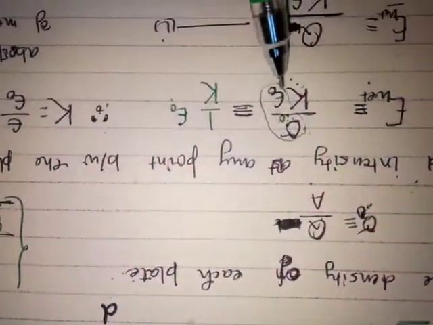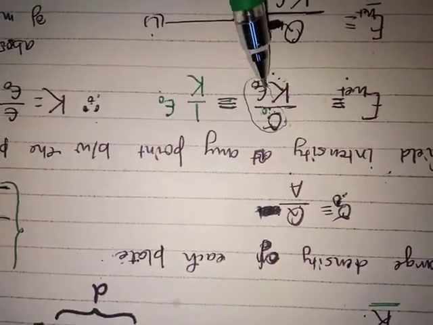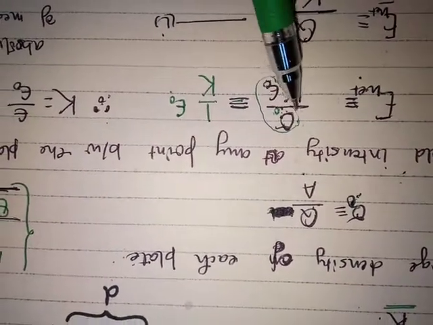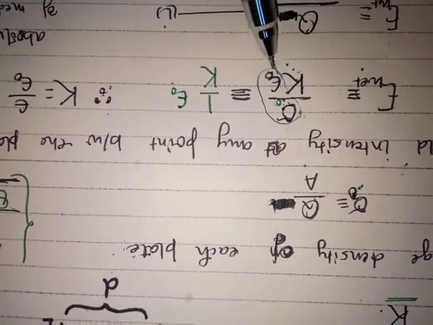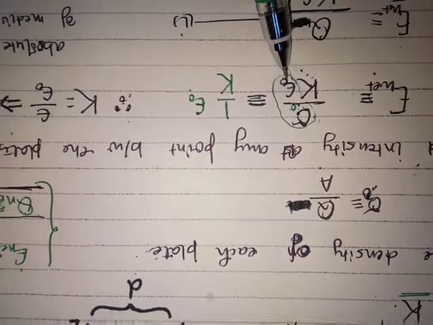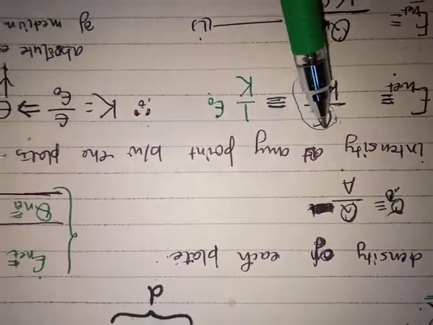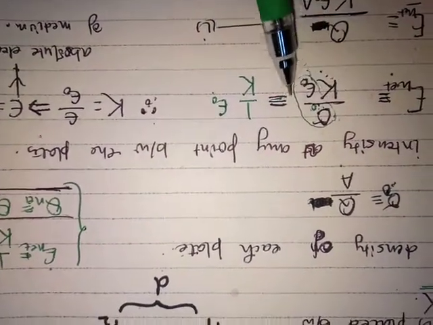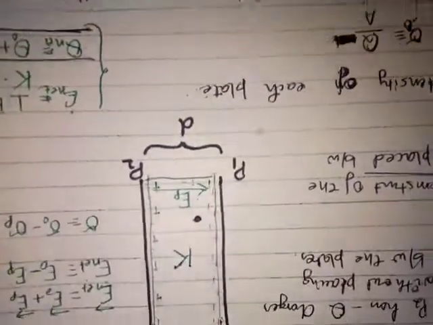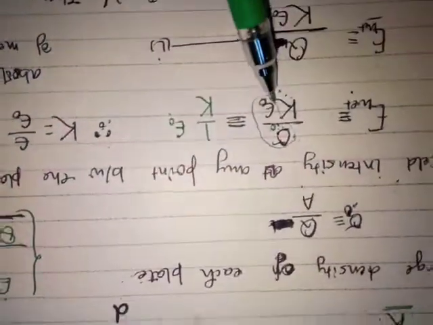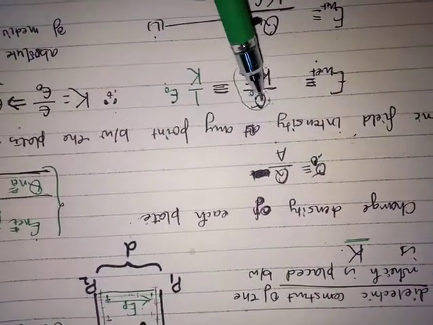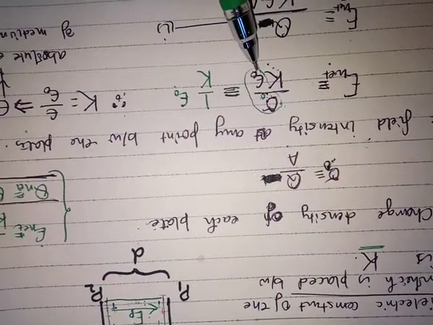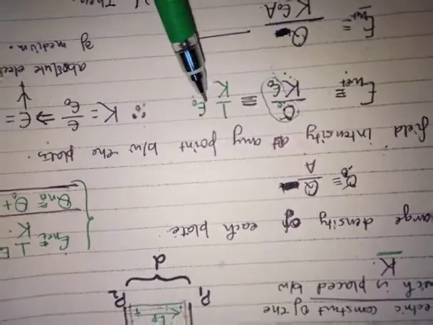And another point of view to see this equation: we know that E naught upon epsilon naught, what is this? This is the initial electric field when the dielectric material is not placed between these two plates.